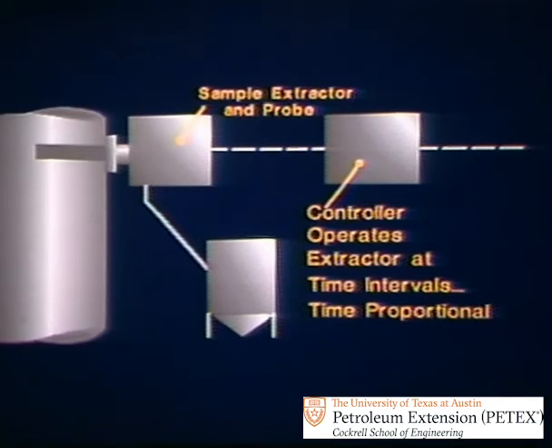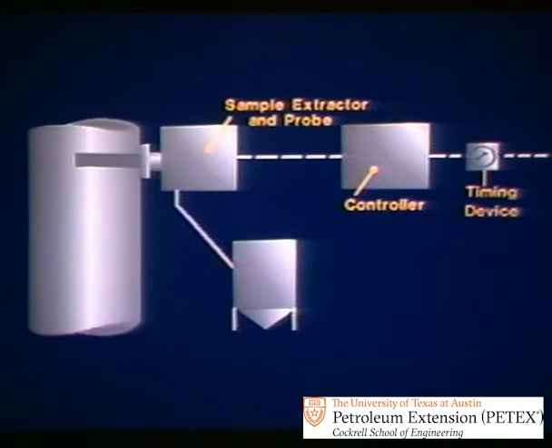Now, if the controller operates the extractor at time intervals, the sampling is time proportional. That is, the controller is paced by a timing device so that the extractor captures a sample at selected times. Time proportional sampling is used in lines where the flow rate remains relatively constant.